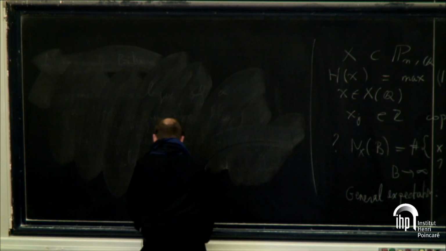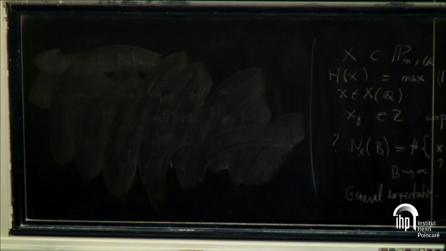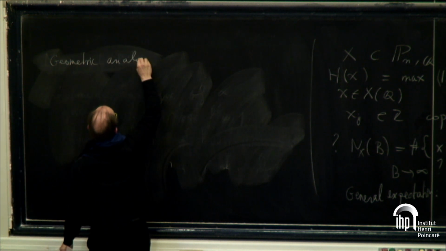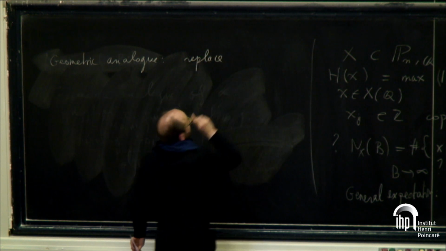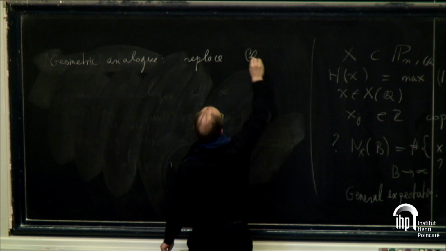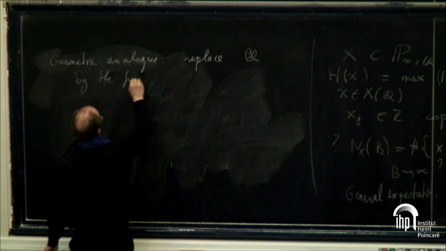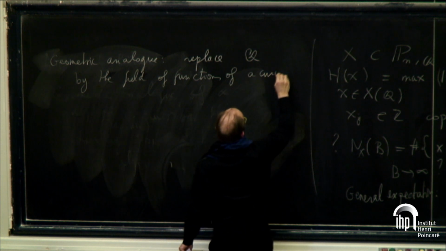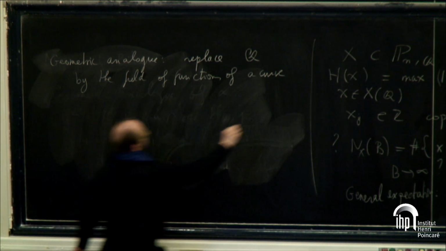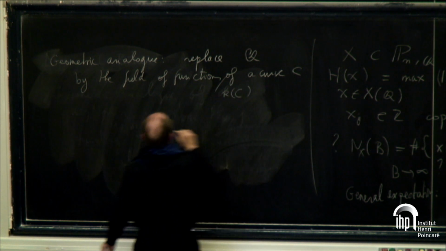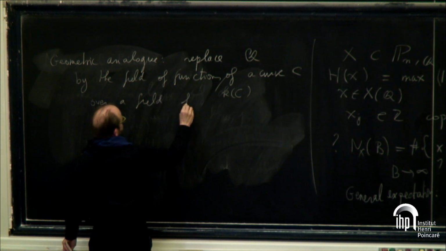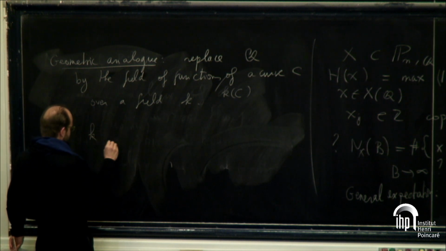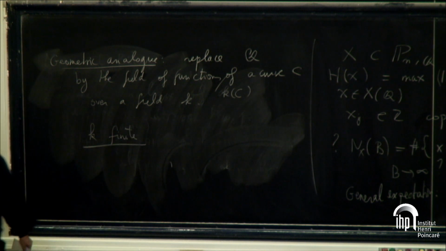So the geometric analog I promised you is the question of what happens if you replace Q, the field of rational numbers, by the field of functions of a curve, say projective, smooth and connected, C. So the field of functions will be K(C) over a base field K. The first case that comes to mind is the case where the ground field K is finite.